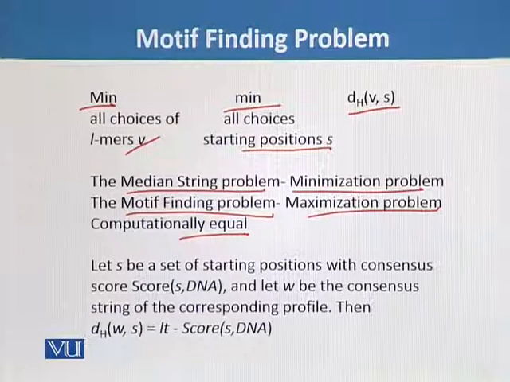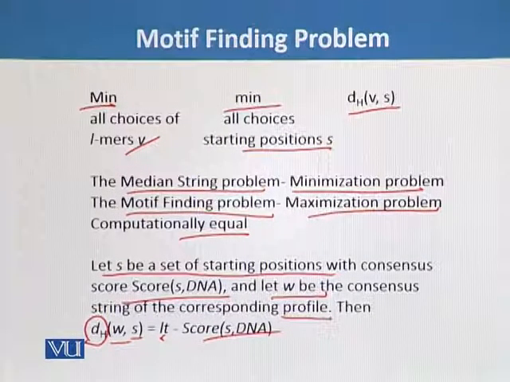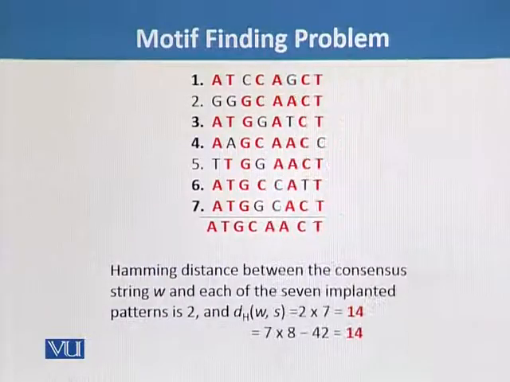For example, we assume that S is the set of starting positions with consensus score of s, DNA, and let W mean the length of the L-mer string of the corresponding profile. Then the Hamming distance W, S will be L times T minus score s, DNA.